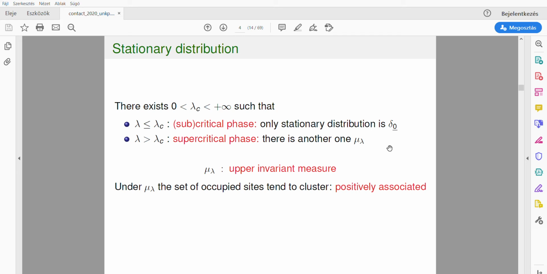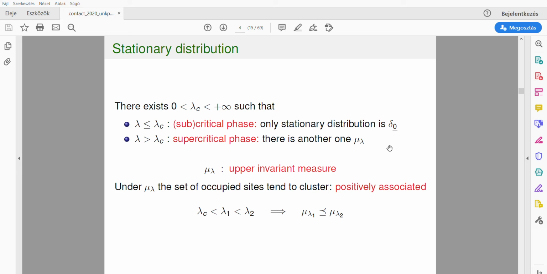If someone is infected, then there is going to be a group of infected people around him. And let me also mention a simple property, which involves the notion of stochastic domination.